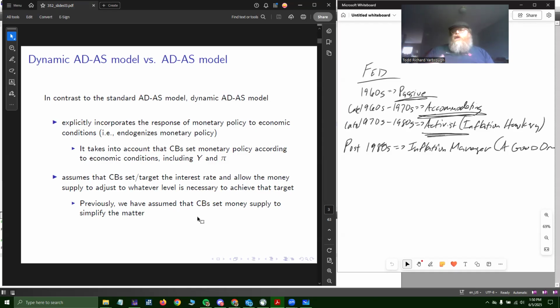There was a clear set of goals, and every time the Fed would release statements, they would reinforce those particular goals.